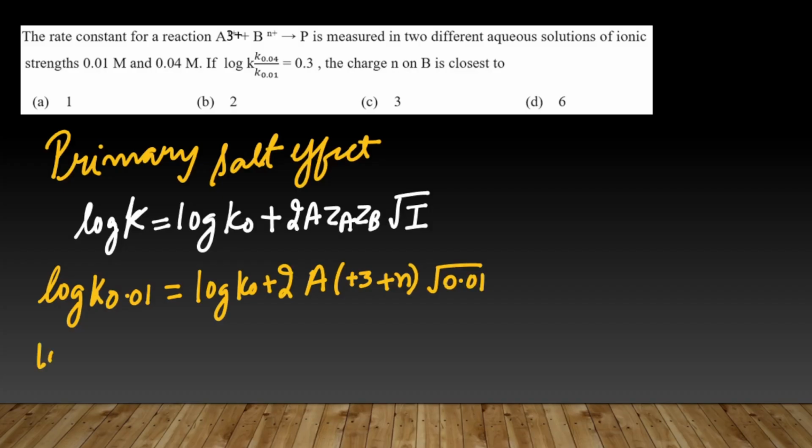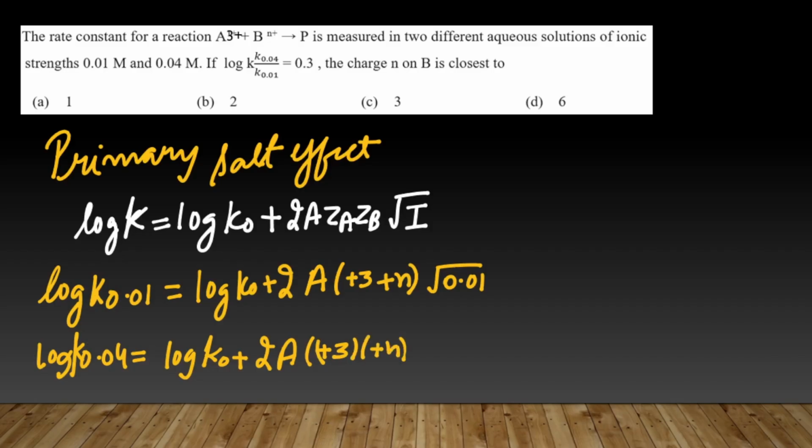And the log of K at 0.04, this is for when you use the different ionic strength. This is equal to log of K naught plus 2A times the Z positive, which is plus 3, into plus N, into the root of the ionic strength, which is 0.04.